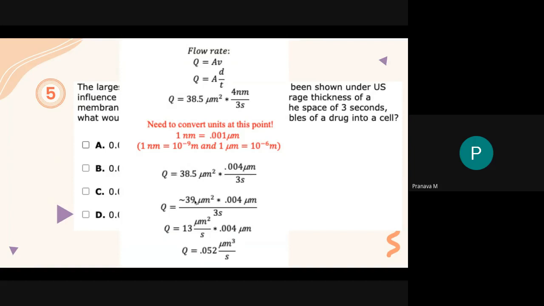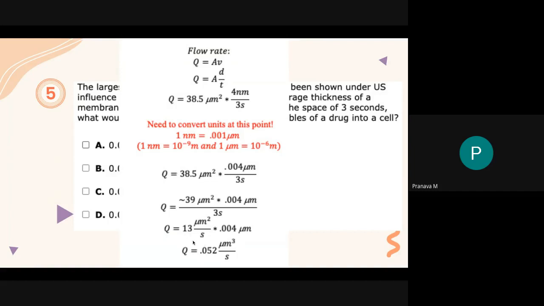What I did here was rewrite 38.5 as an approximate of 39 so that I can divide 39 by 3. Once I do that, I get 13, and then I do 13 times 4. I know 13 times 2 is 26, and 26 times 2 again would be 52.